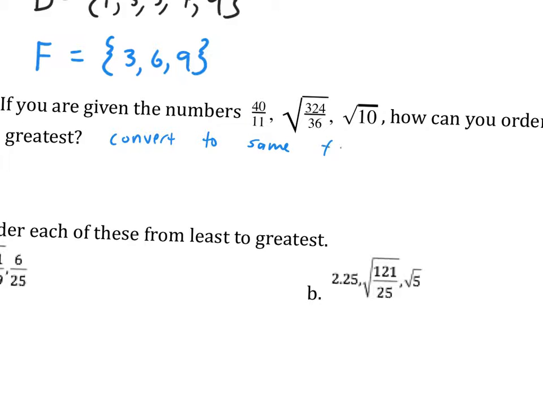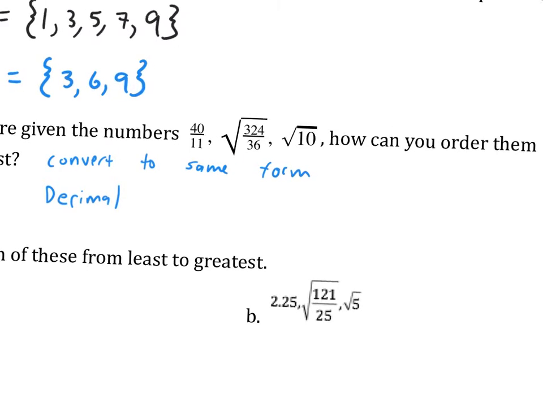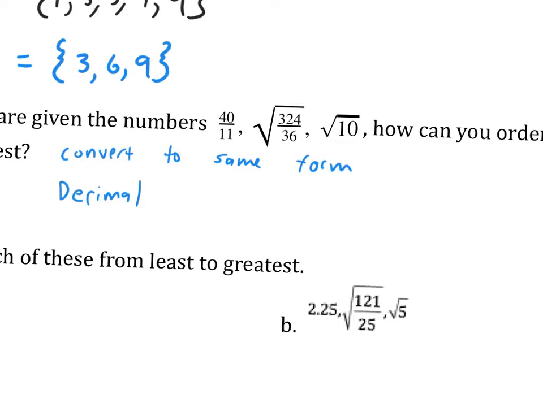Now, it turns out that decimal is probably the fastest conversion. And we're just going to use our calculator for each one of these. So let's take 40 divided by 11 to get 3. 40 divided by 11 is approximately, see that symbol right there?